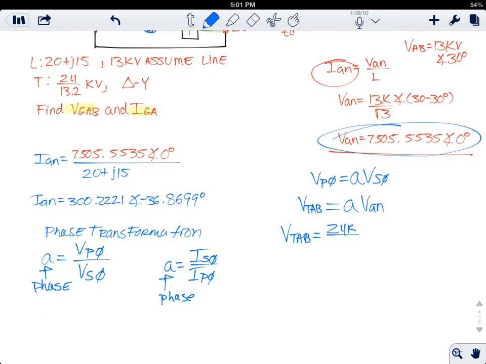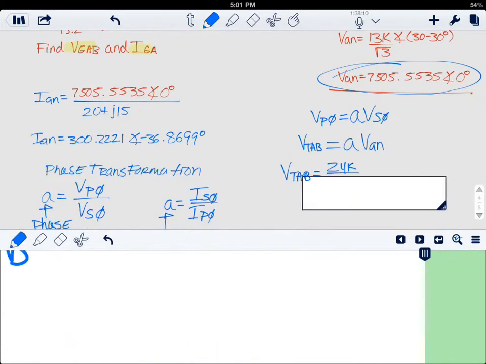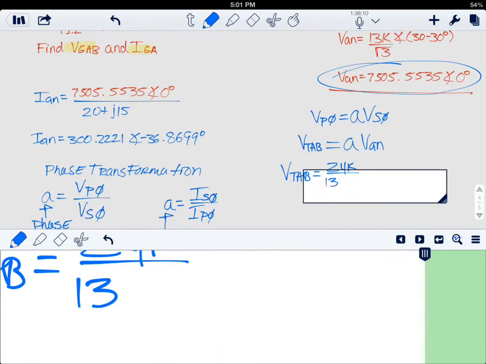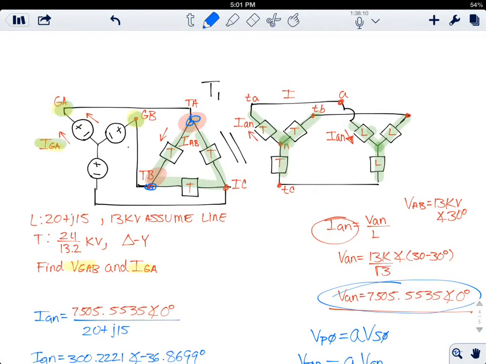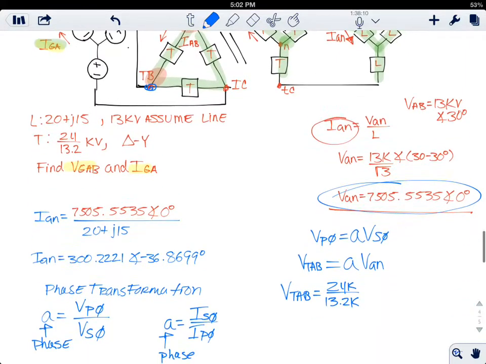But these 13.2 thousand volts, are they line to line in the primary? Oh, I'm sorry.